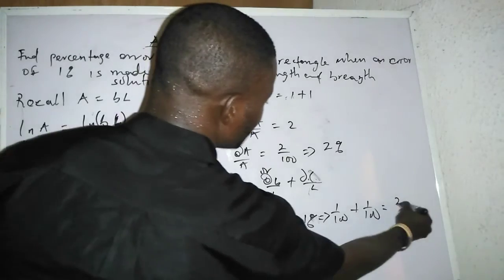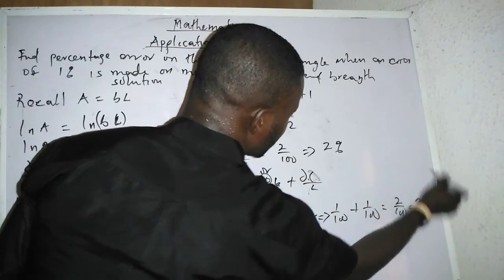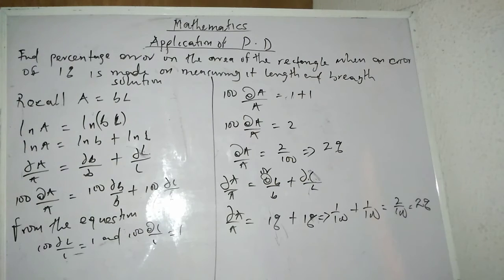Once I have that, I have 2 all over 100, which is the same thing as 2%. Anyhow you want to do it, that is my final answer.